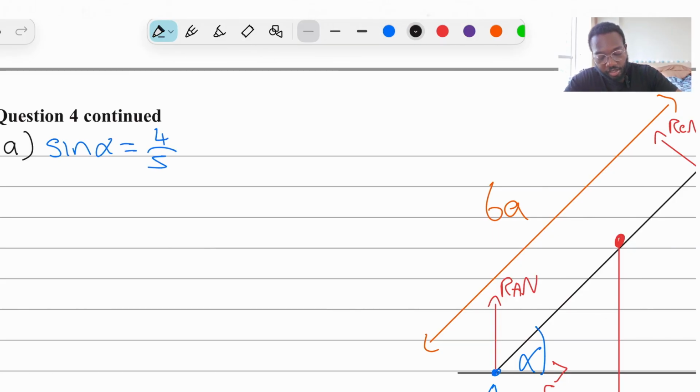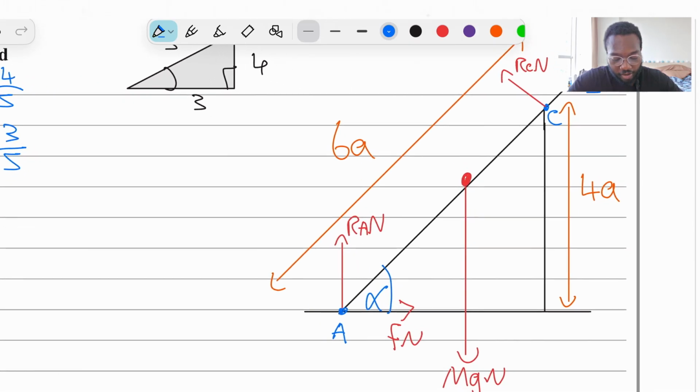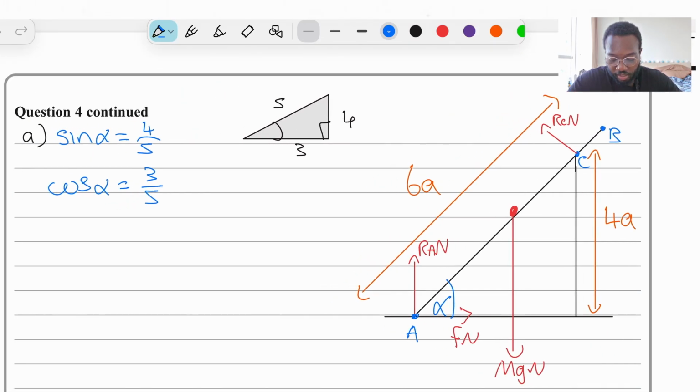But to be on the safe side, let's just draw a right angled triangle with those values. Opposite is 4, hypotenuse is 5, and we get a 3 down here. So we also know that cosine alpha is 3 over 5 if we need to use it. Now we have all the information we need.